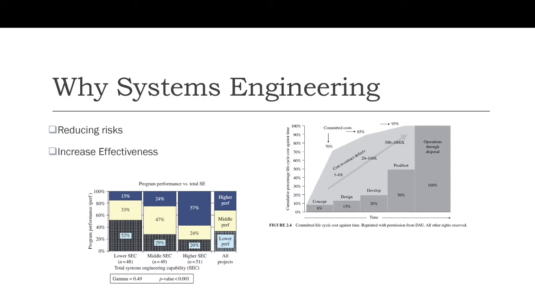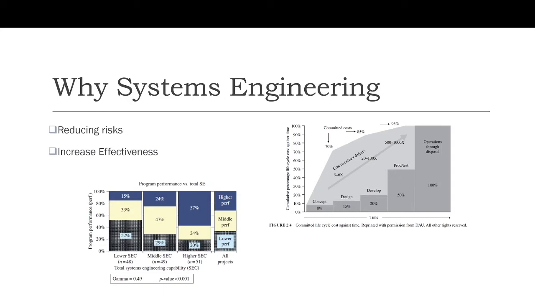If you have a lower systems engineering capability, meaning the person is not familiar with the principles and does not have enough training, versus a higher performance person, you will have higher performance through those more capable systems engineers. So it is very important for any beginner systems engineers to be trained and focus on the right systems principles.